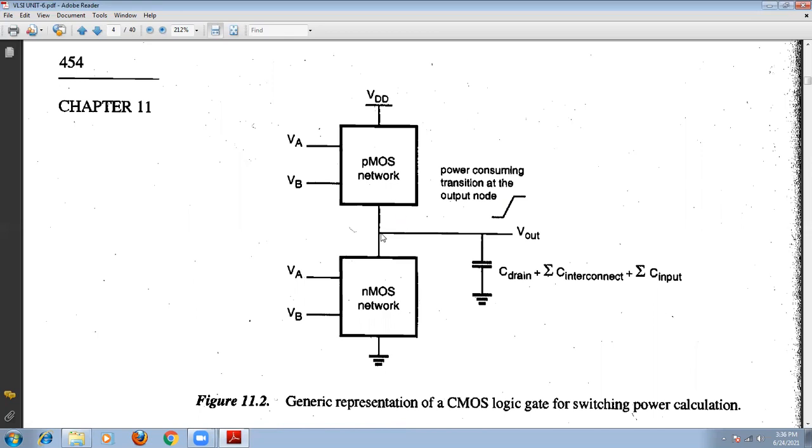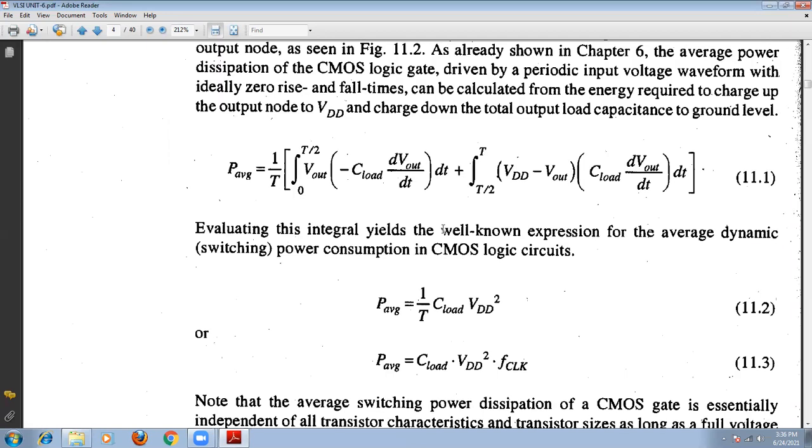So the first thing is the amount of charge required to charge the output node to VDD, and in the discharge condition, to discharge the total output load capacitance to the ground. So the total average power is given by this equation. The average power P average is equal to 1 by T, integral from 0 to T, V of t into I of t into dt, where we have two transitions, low to high and high to low.